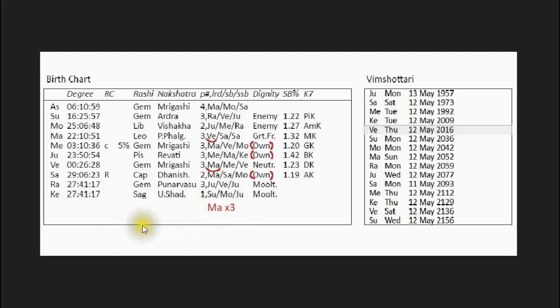Here's why. There's a theory of Krishnamurti Padati that when a period lord runs, and that could be either a dasha or a bhukti, so the navagrahas, the 7 visible planets and the nodes, they each hold sway over their respective dasha, and within each dasha there are 9 bhuktis as well too.